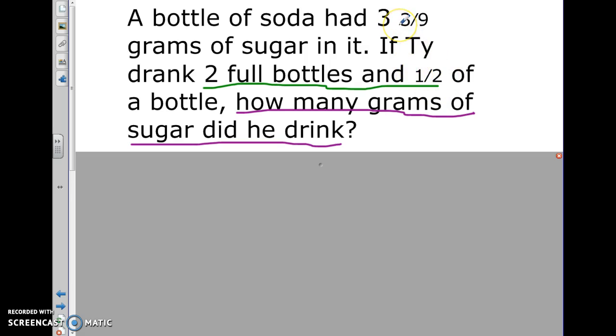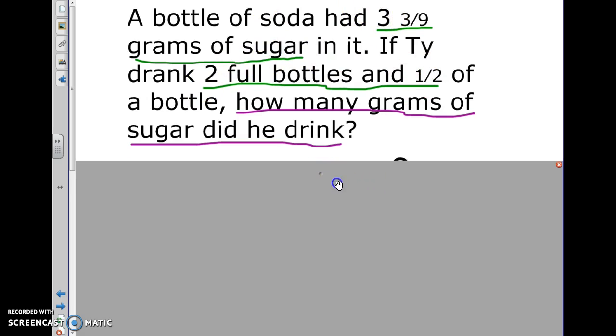And we know that in each bottle there were 3 3/9 grams of sugar. So we've got 3 3/9 grams of sugar times 1 for 1 bottle, 3 3/9 grams of sugar 2 times for 2 bottles, and then 3 3/9 grams of sugar half of that, right? So that means that we're going to be using multiplication, because it's half of this and 2 of this.